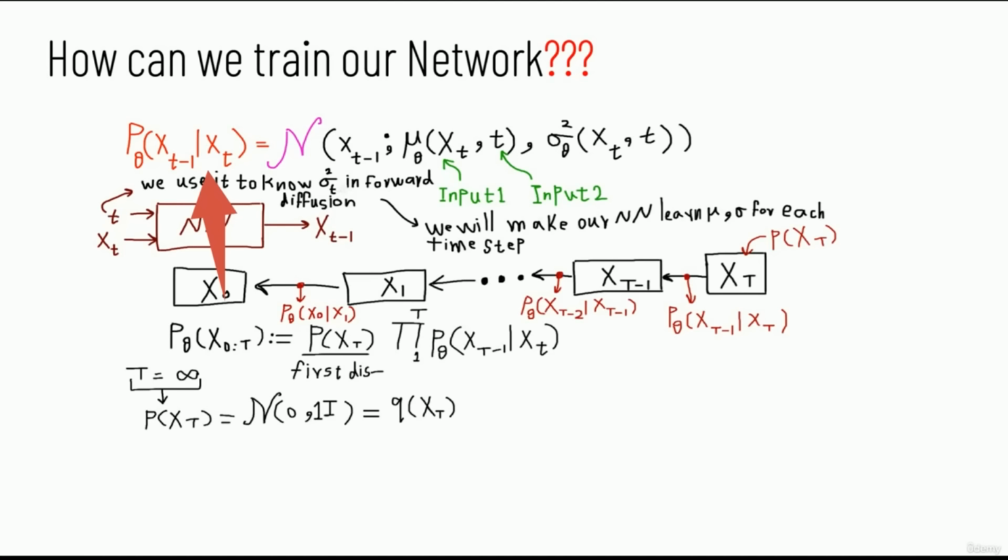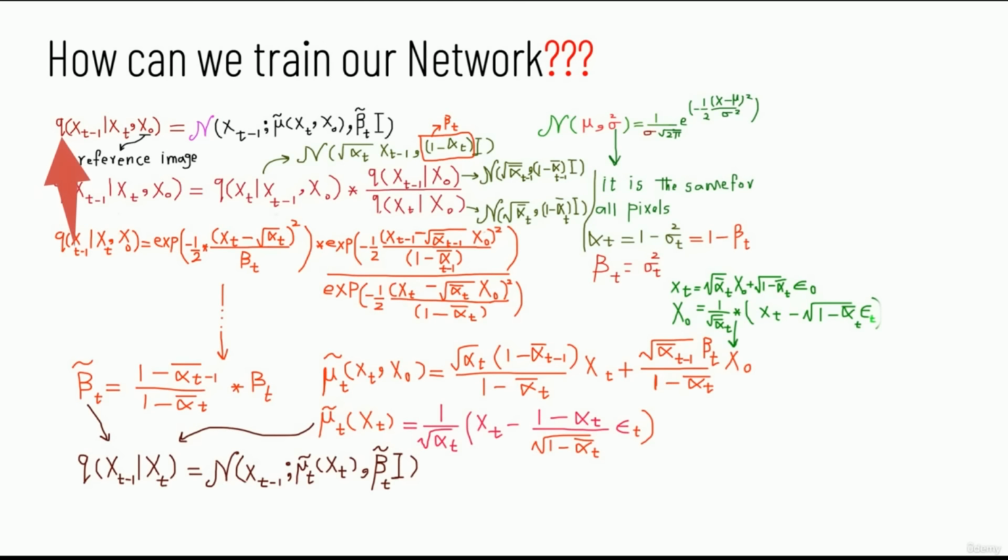And you should know that if capital T, which is the last time step, is equal to infinity, in this case the distribution of xt will be equal to the standard Gaussian distribution, where the mean is equal to 0 and the standard deviation is equal to 1. But actually we will make capital T equal to 1000, which is the best value. And we will make the maximum variance equal to 0.02. They did a lot of experiments to realize that.